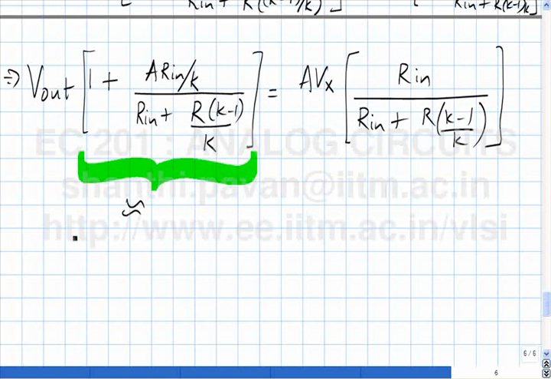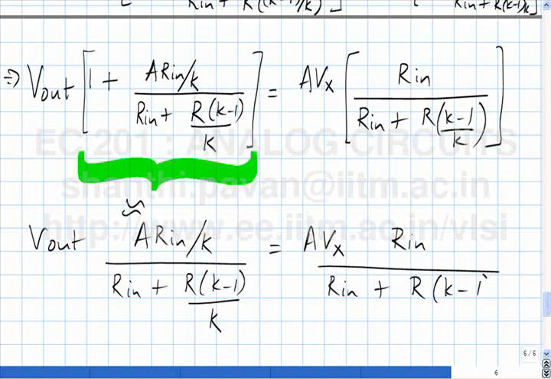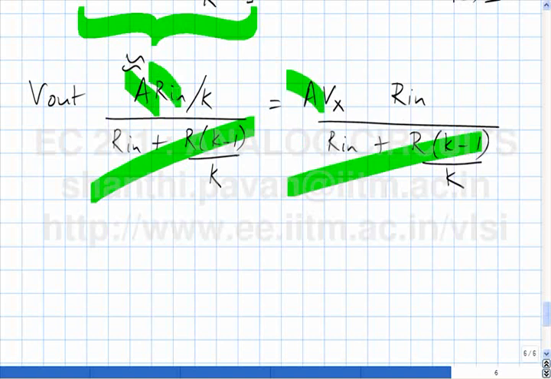So this is approximately equal to V out times A Rn by K divided by Rn plus R times K minus 1 by K. Alright, and this must be A Vx times Rn by Rn plus R times K minus 1 by K. So I should be able to cancel these two guys out, cancel Rn out, which means V out is approximately equal to K times Vx. Does that make sense?